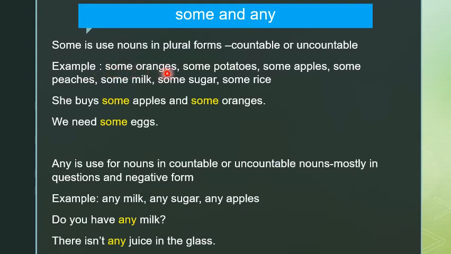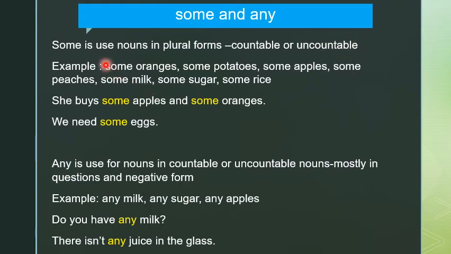Example, some oranges, some potatoes, some apples, some peaches, some milk, some sugar, some rice. For oranges, potatoes, apples, and peaches, these are countable. But for milk, sugar, and rice, these are uncountable nouns.